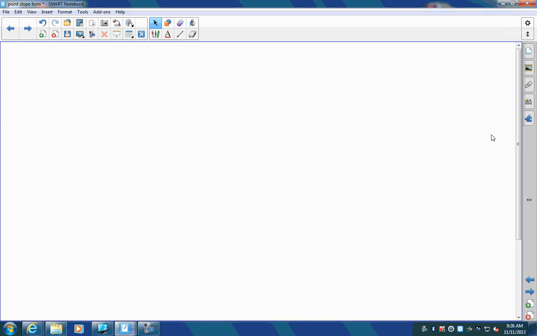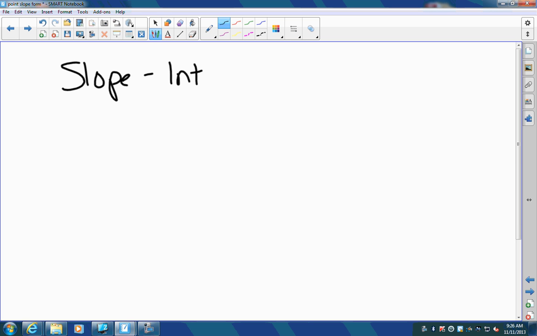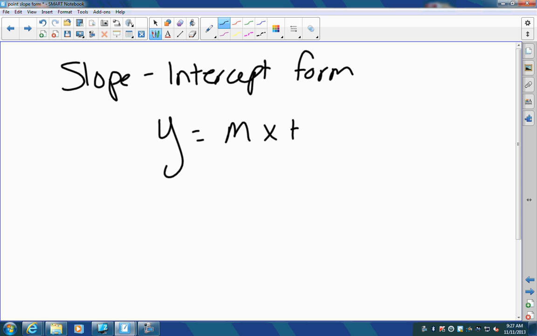Okay, we have been working with equations, starting with equations that were written in slope-intercept form. Slope-intercept form: that equation is y equals mx plus b.